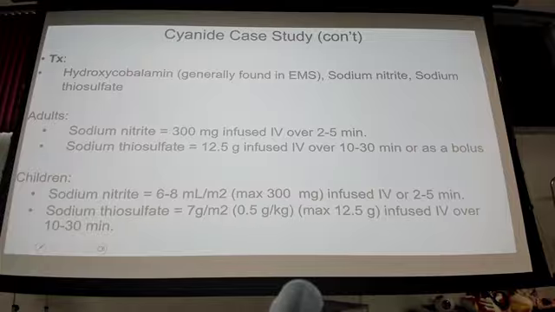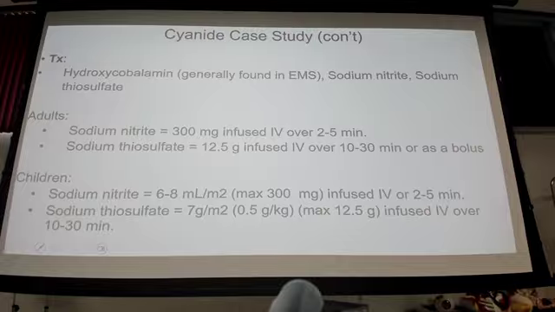So the main treatment for cyanide poisoning is hydroxycobalamin. You guys remember we talked about hydroxycobalamin used for another treatment in block 1, another poison. It's okay. It's arsenic. It's also used for arsenic poisoning.